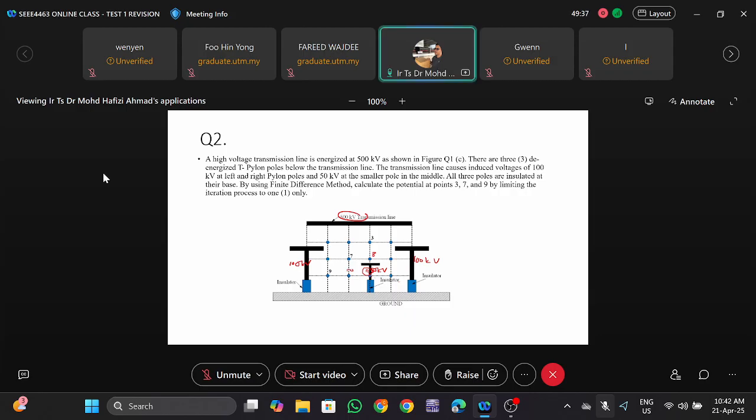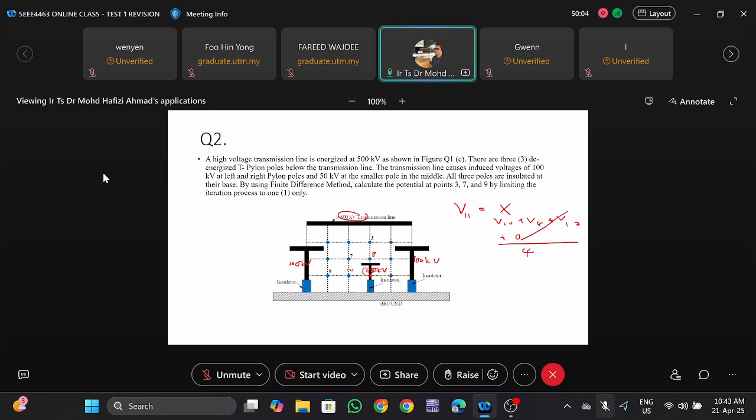Let's say this is number 10, this is number 11. You want to find V11, so you don't need to put V10 plus V8 plus V12 plus 0 kV divided by 4.